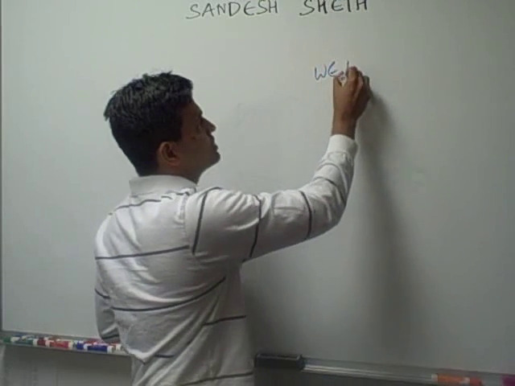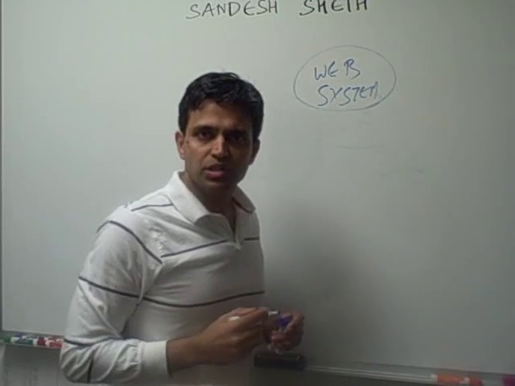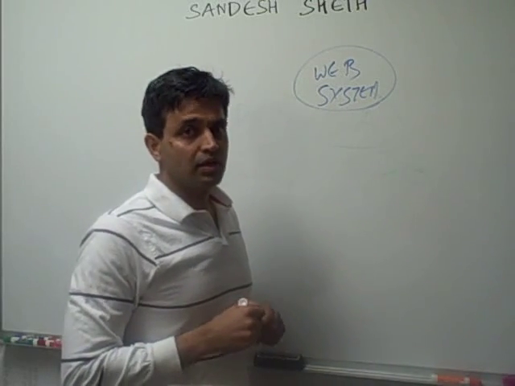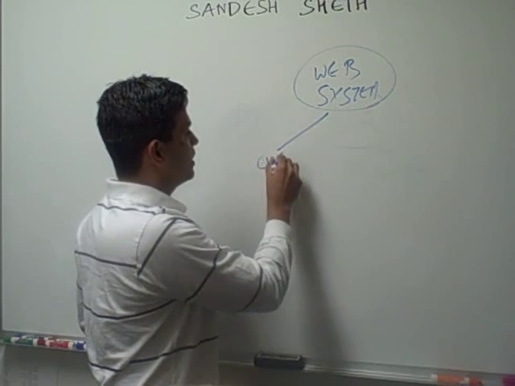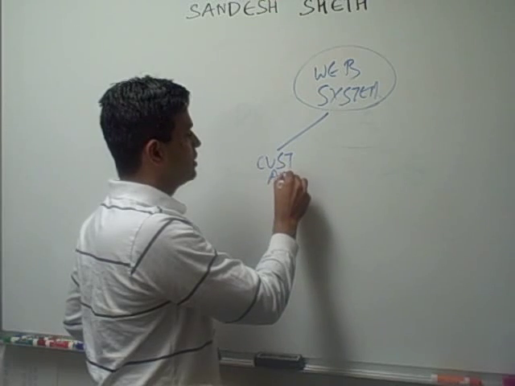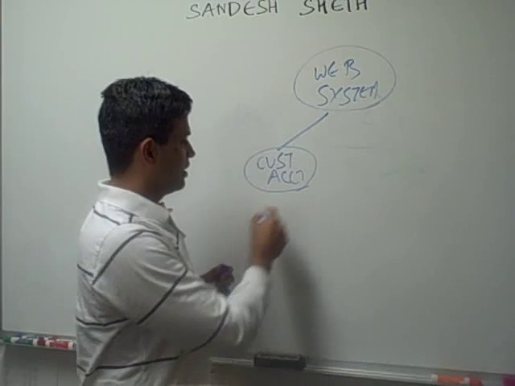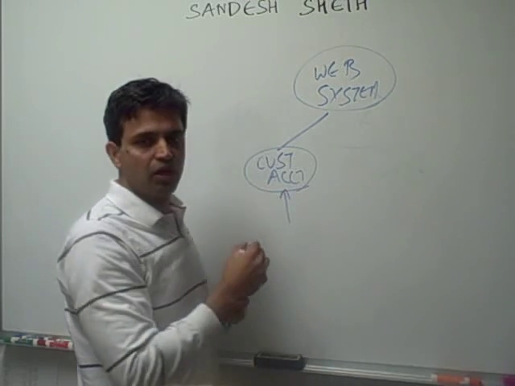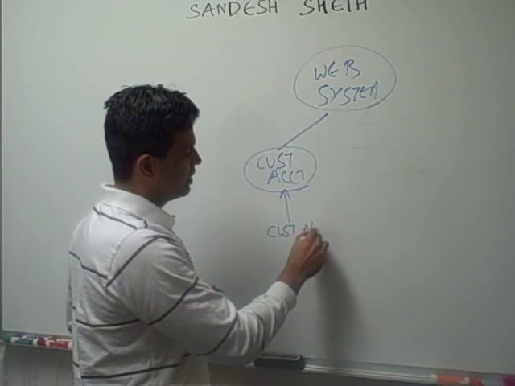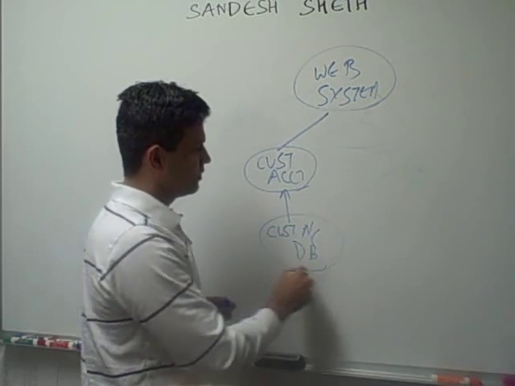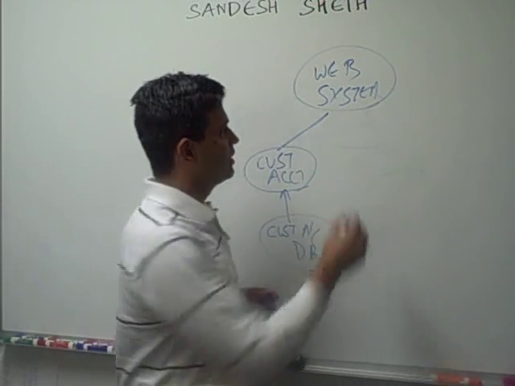So we have this person who logged on to a system. So we have a web system where the customer logged in. When we say logged in, there was a customer account maintained somewhere. So this account obviously would be fed by a customer account database. She liked something, she clicked on it.